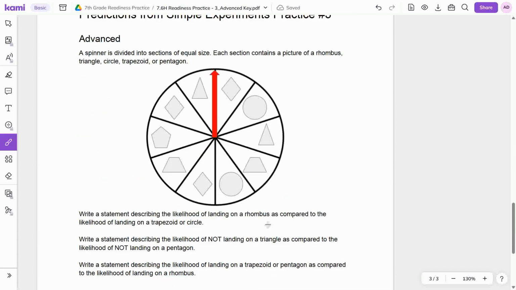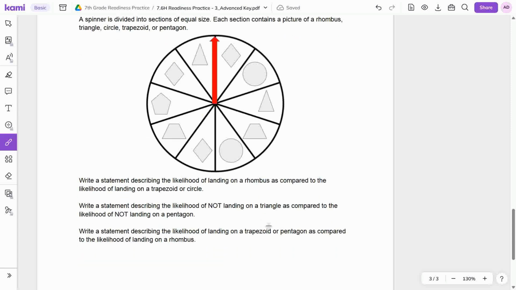And third, we have a spinner, and we've got a rhombus, triangle, circle, trapezoid, and pentagon. All right, so let's get our diamonds or our rhombuses over here, and let's say I've got 1, 2, 3. I just want to go ahead and get my pictures over here so I don't have to count each time.